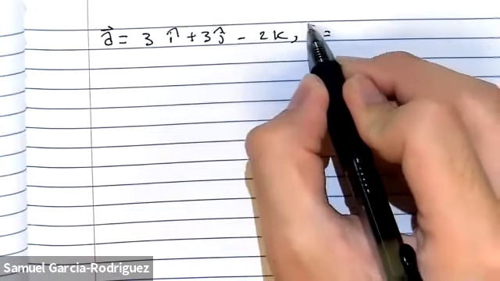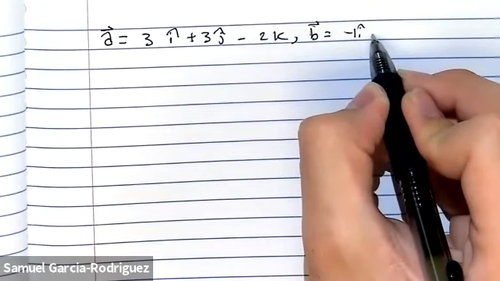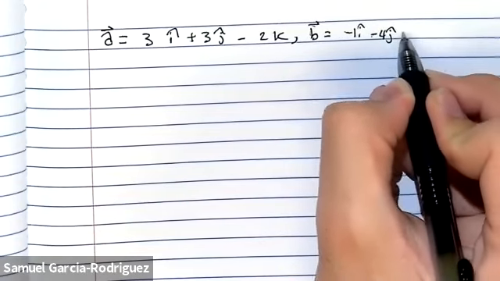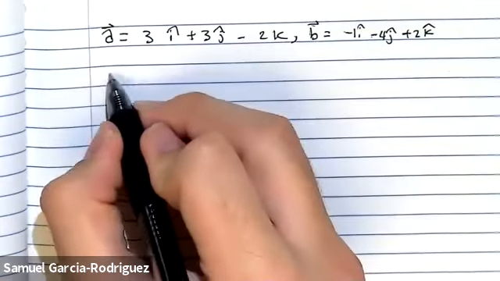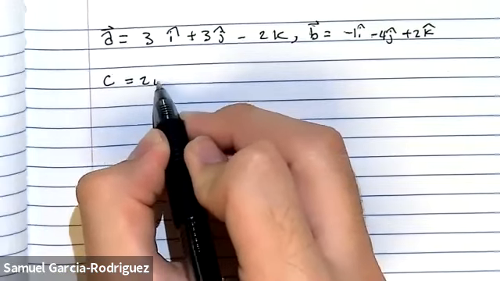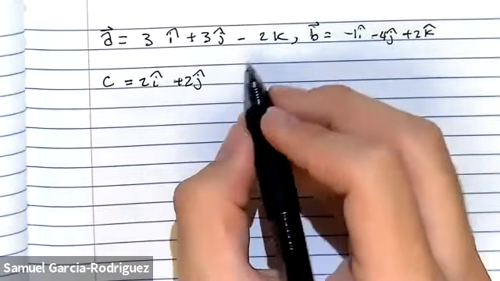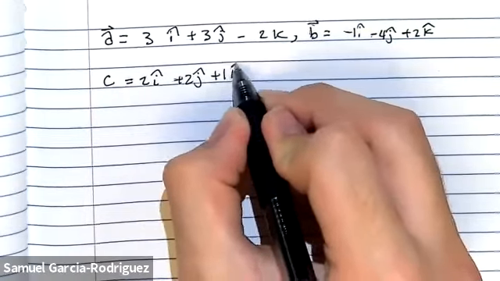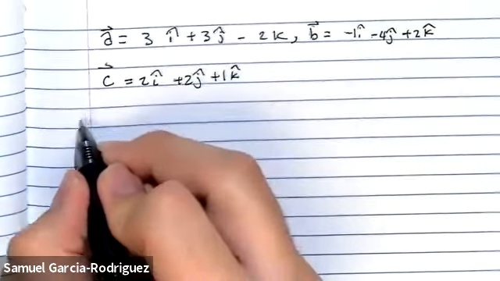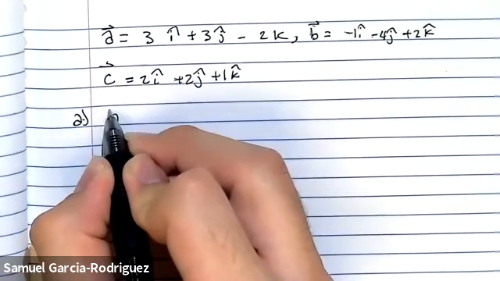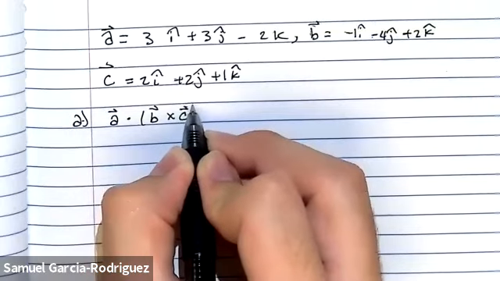B is negative 1 i hat minus 4 j hat plus 2 k hat. Then C is 2 i hat plus 2 j hat plus 1 k hat. The first part asks for A vector dot B vector cross C vector.